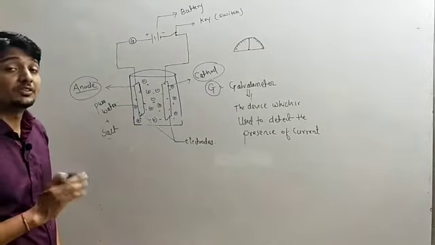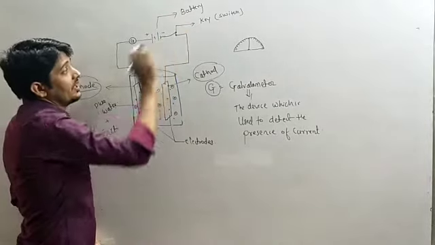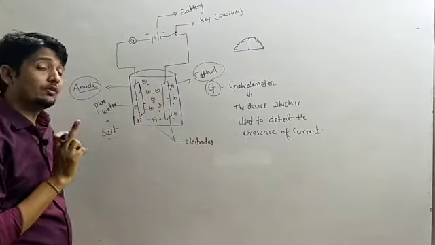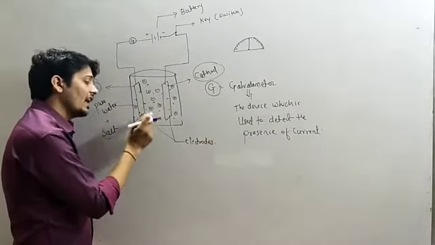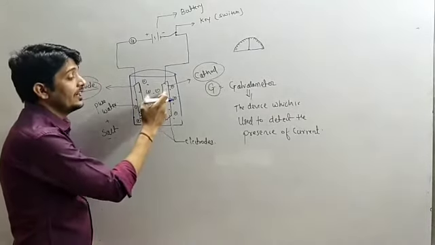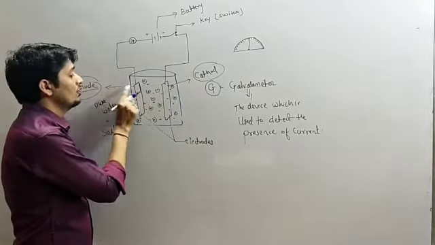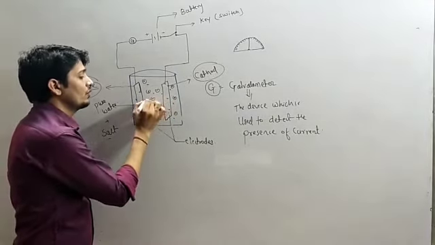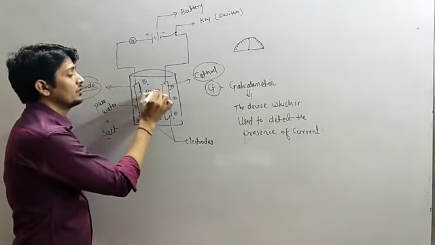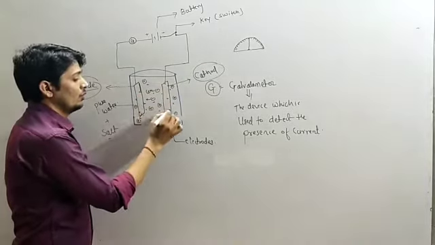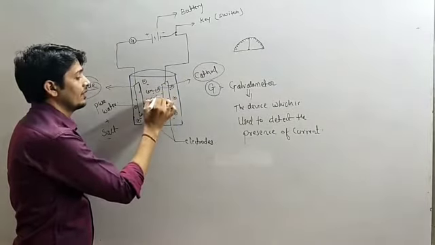So when we switch on the key, the ions that are present get charged on the electrodes and start moving. Negative ions will move toward the positive electrode. So the direction of flow of ions is like this.